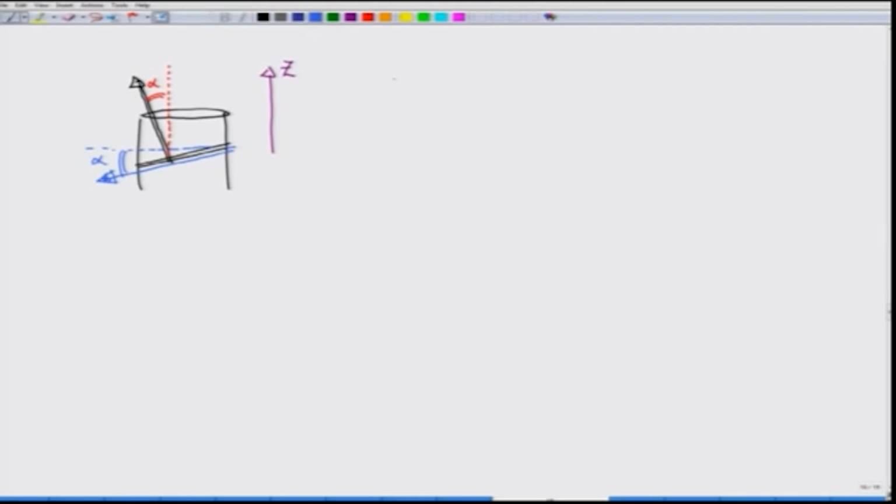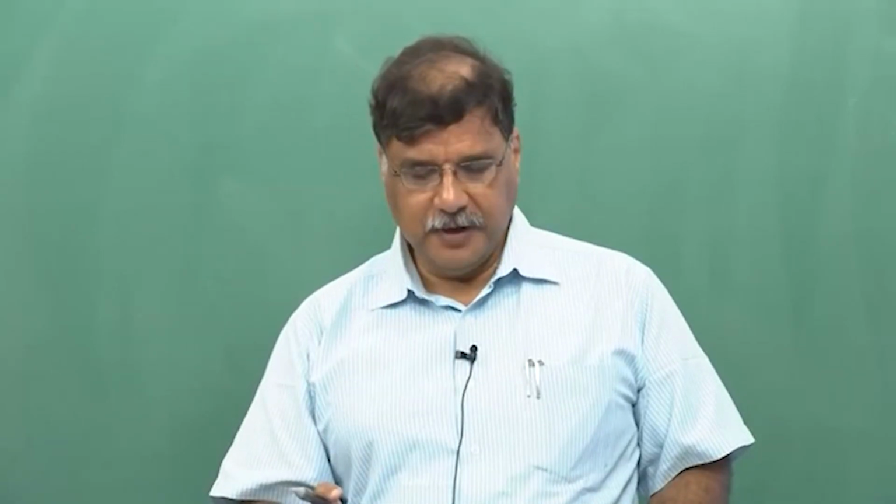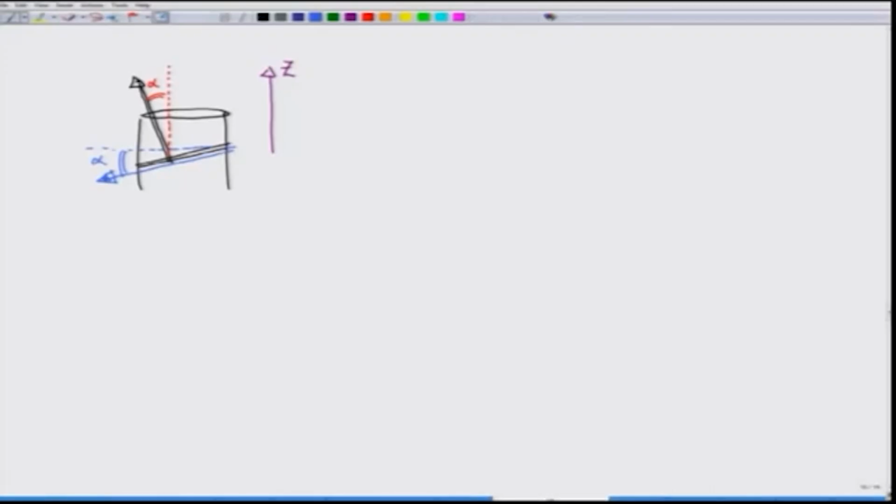Since we already decided that the horizontal force is all around the periphery and therefore it cancels, the only force that matters for equilibrium is the force in the z direction.